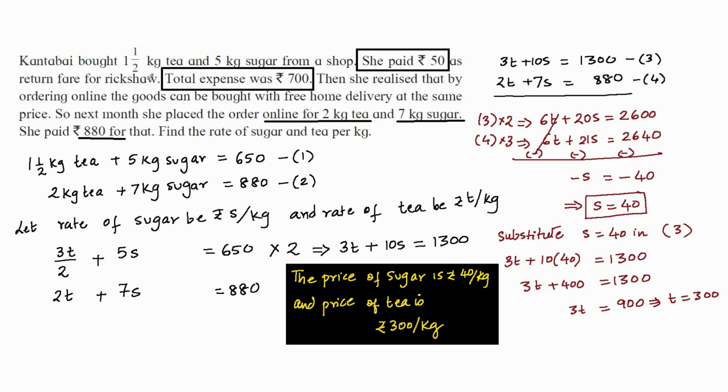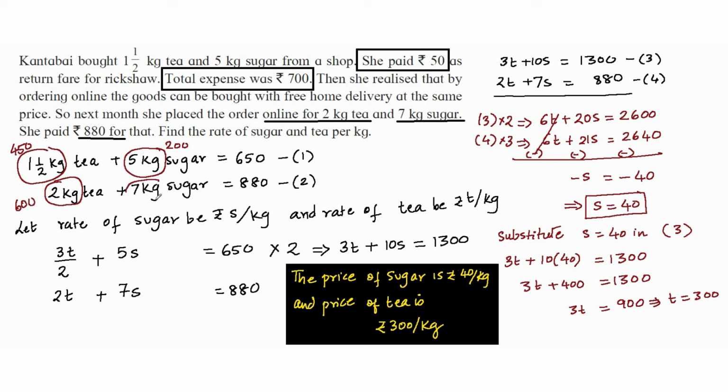Now let's do a quick check if our solution is right. 1.5 kg of tea at 300 rupees per kg would cost you 450 rupees. And 5 kg of sugar, each kg costing 40 rupees, will cost 200. So 450 plus 200 is indeed 650. Each kg of tea costs 300, so 2 kg will cost 600.